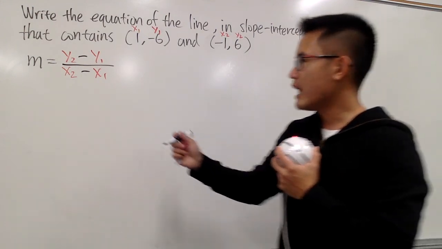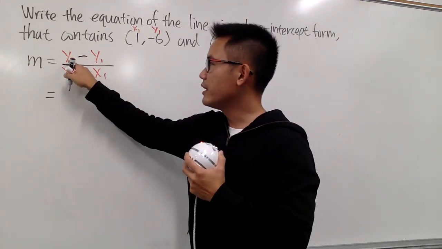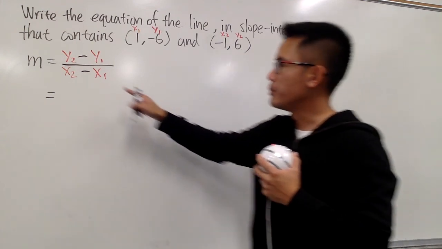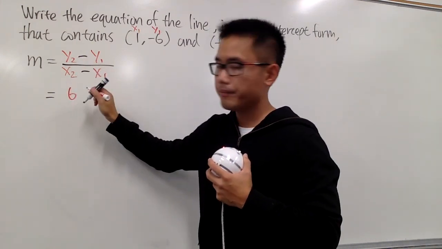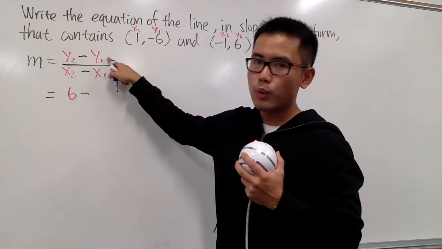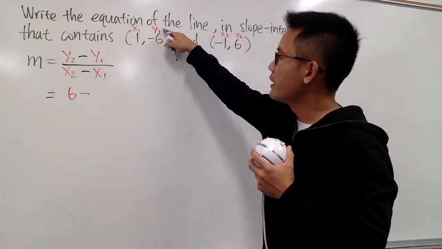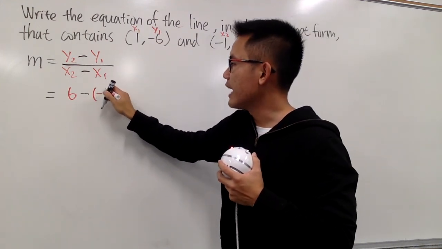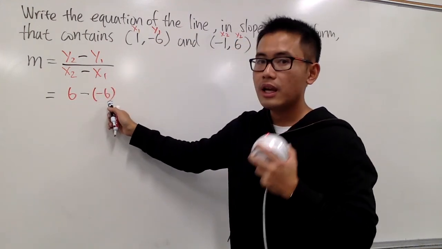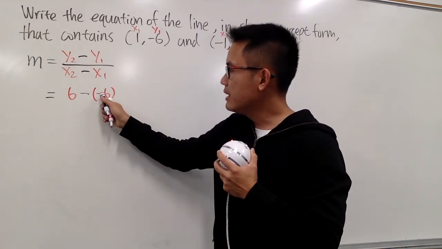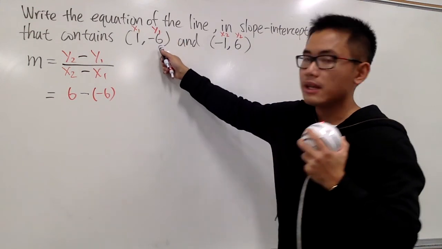Now we have y2, which is the 6, right? So I put down 6 right here for the y2. And then minus from the formula. What's y1? y1 right here is -6. So I put down parentheses, another -6. You see that this negative is from the formula, but this negative is because y1 is negative.